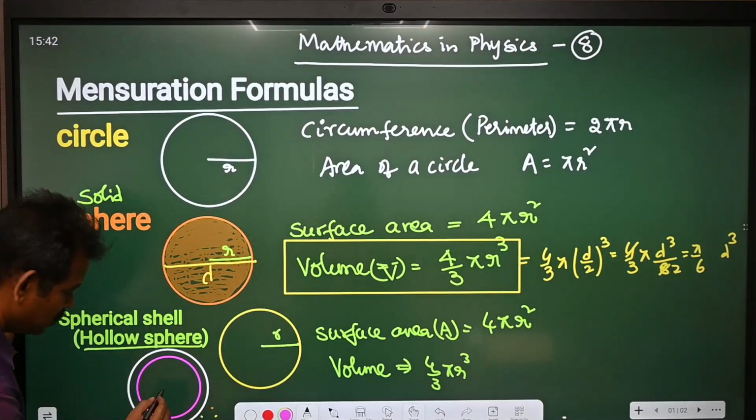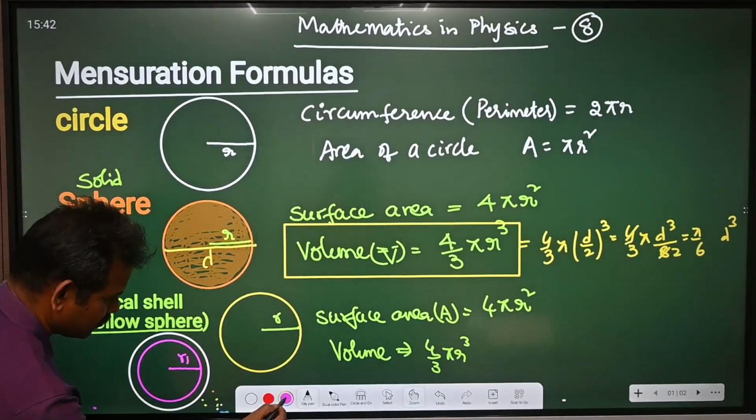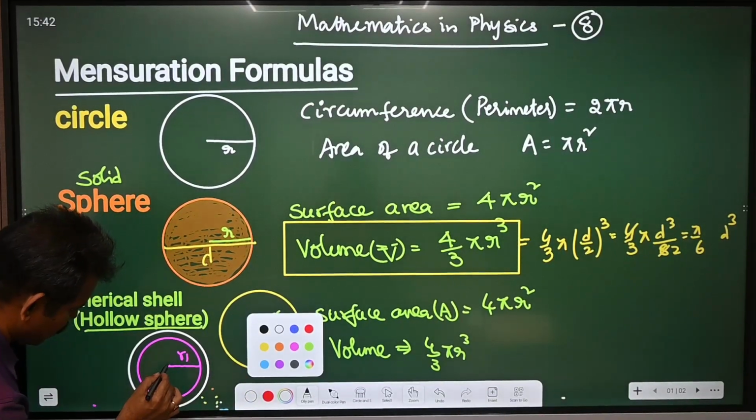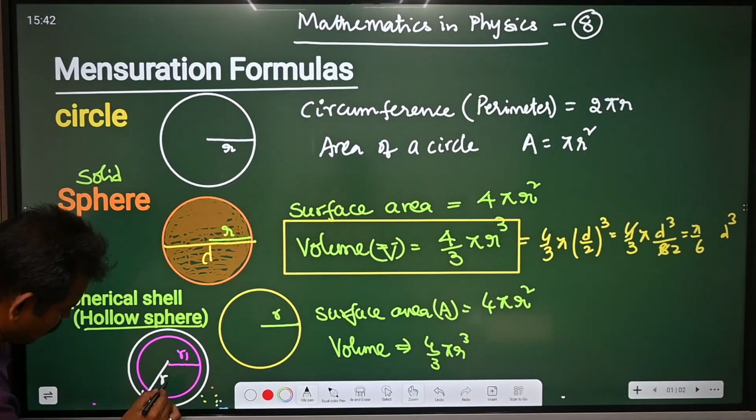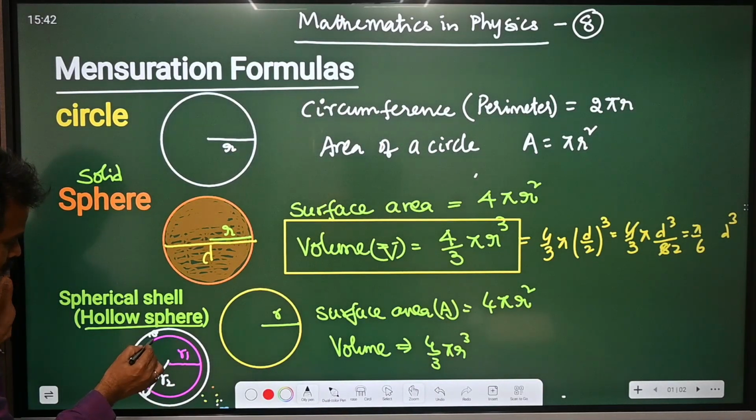Now, if the inner radius is R1 and the outer radius is R2, and this is a hollow spherical shell, so only this part is filled with material.